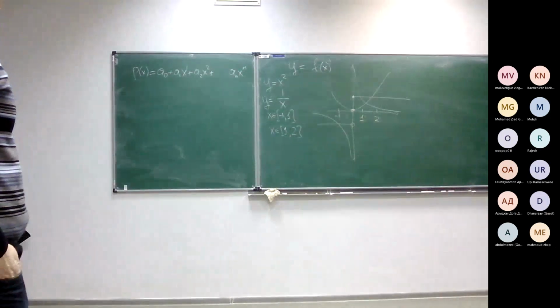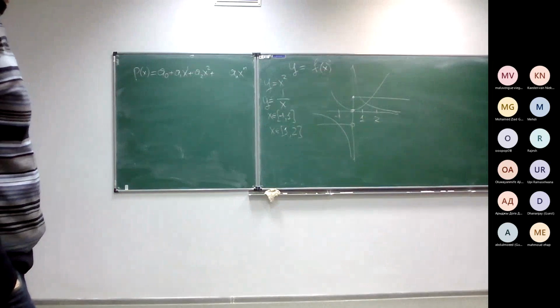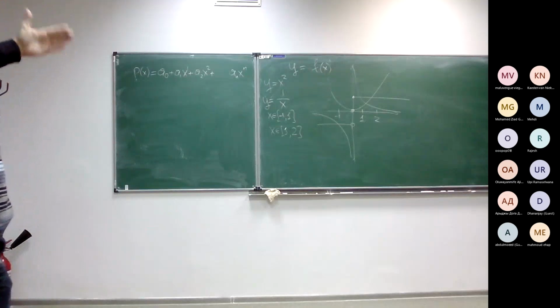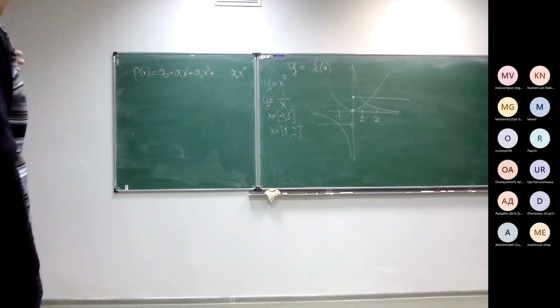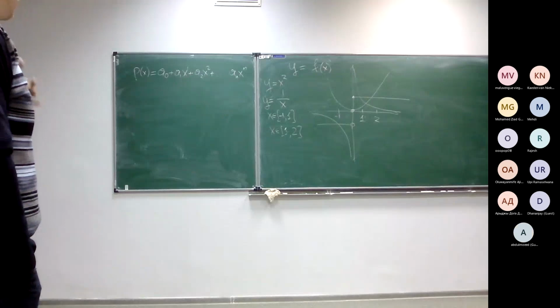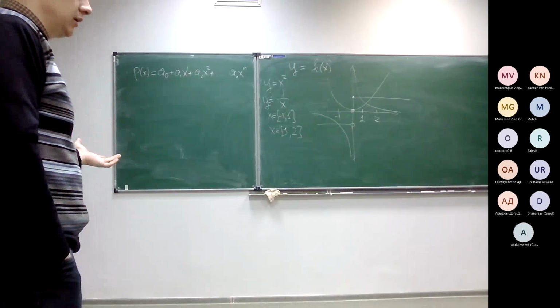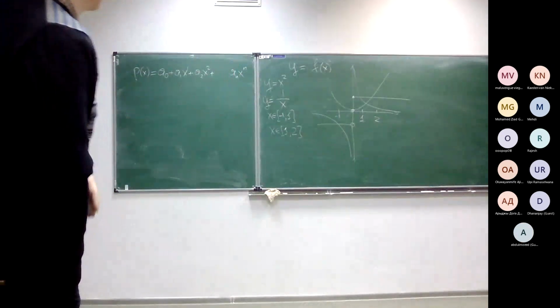A particular case of polynomial, for example, is a linear function, just a0 plus a1x. Next case, a0 plus a1x plus a2x power 2. Then cubic polynomial and so on.